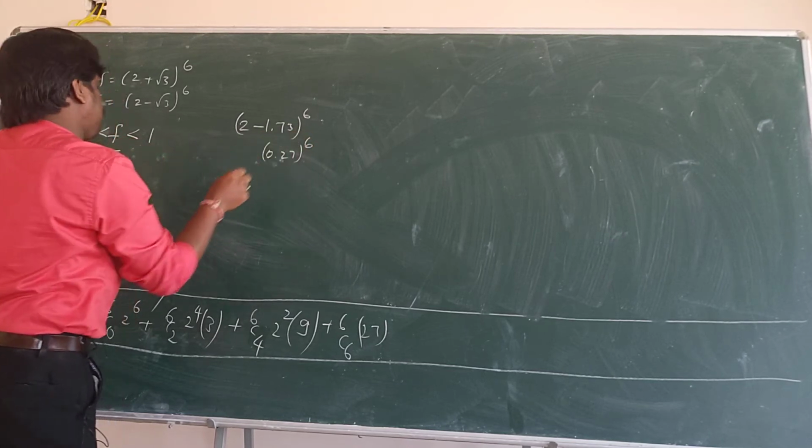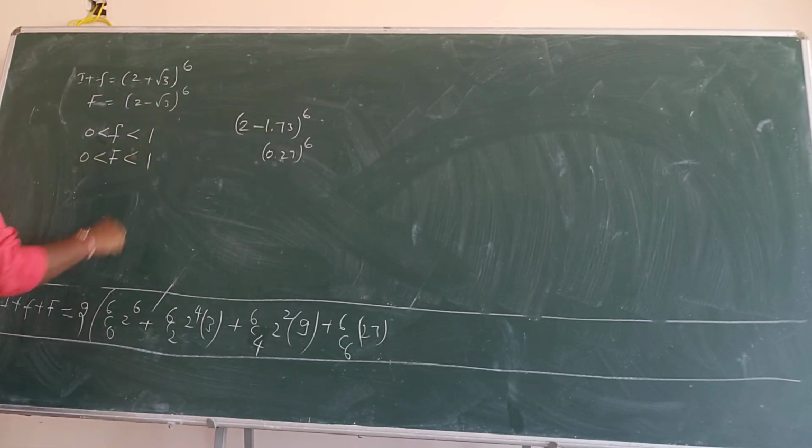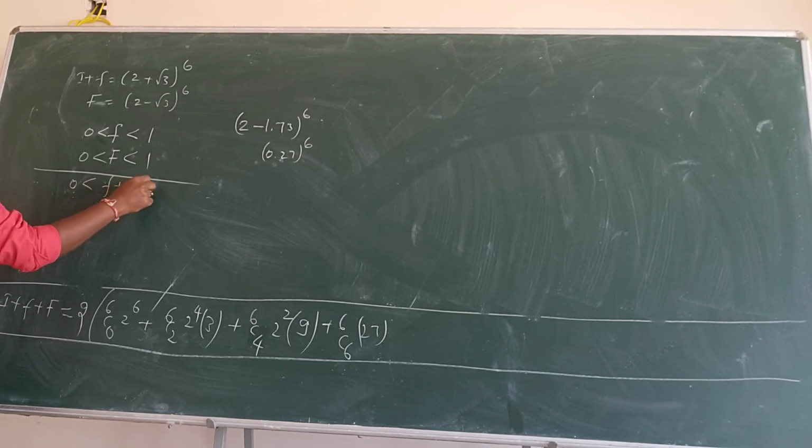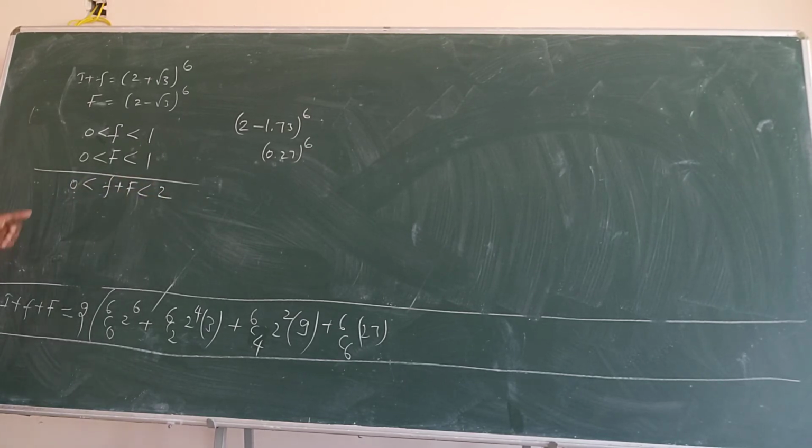It means this value also lies between 0 and 1. So the addition f plus capital F lies between 0 and 2. You have to find the integral value. Between 0 and 2, the integral value is 1.